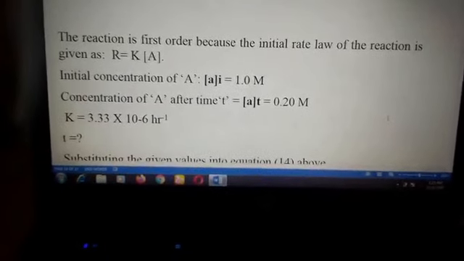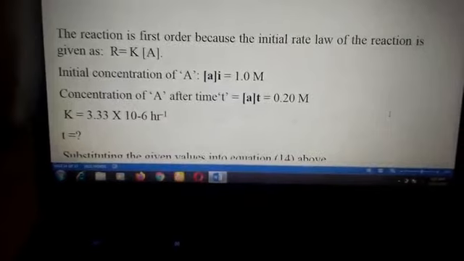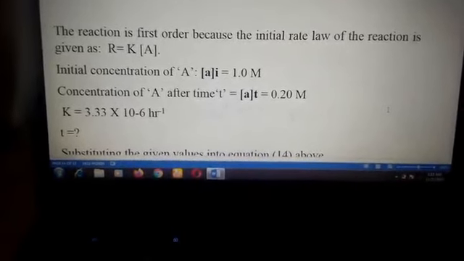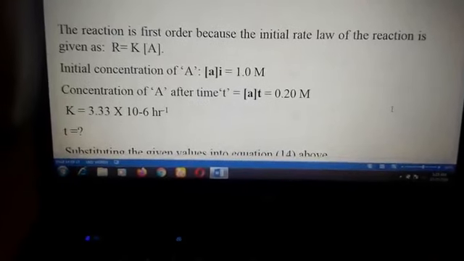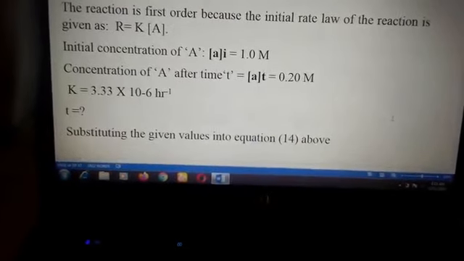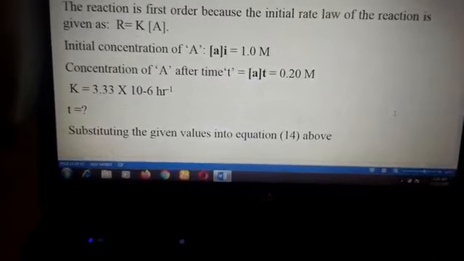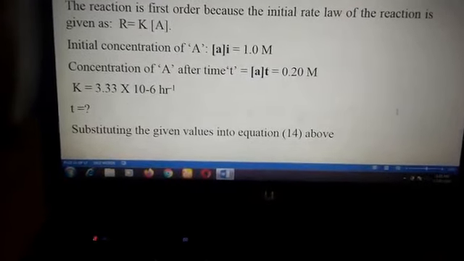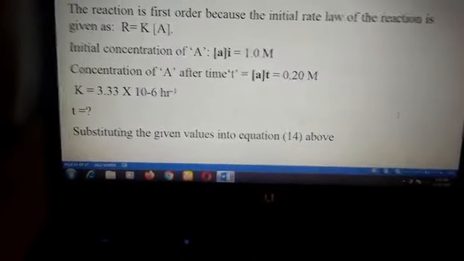Then the concentration of A after some time t, which is At, is given as 0.20 mole per dm³. The rate constant is 3.33 times 10 power minus 6 per hour. We're looking for time because they say how long, that indicates time. So substitute the given values into equation 14.